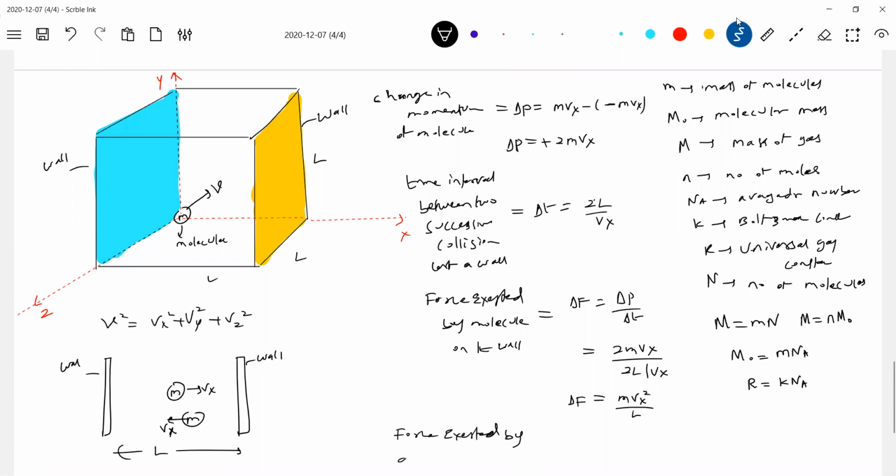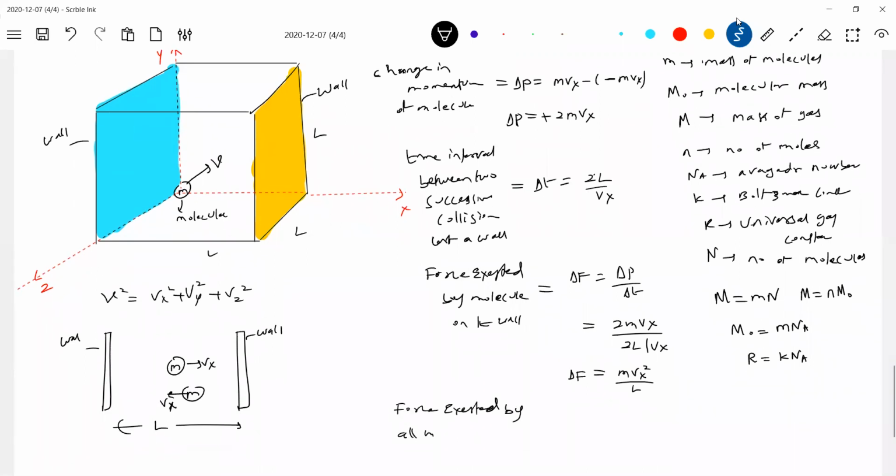Force exerted by all molecules that are moving towards wall 1. So there should be Fx, summation of delta F. So this should be equal to how much here, no?